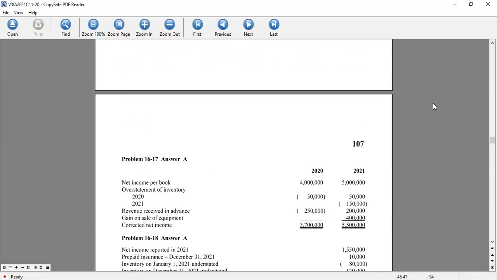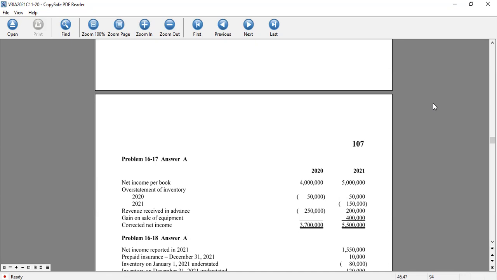Then with number 17, the question is, what amount should be reported as net income for 2021? So we have now the net income per book as given, and we have the overstatement of inventory in 2020.